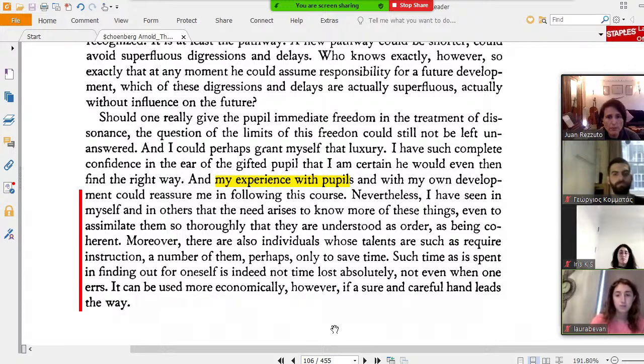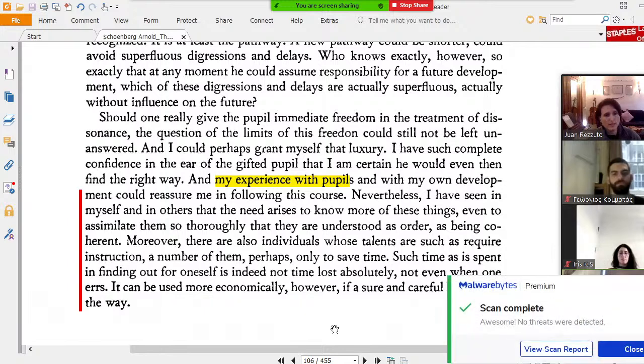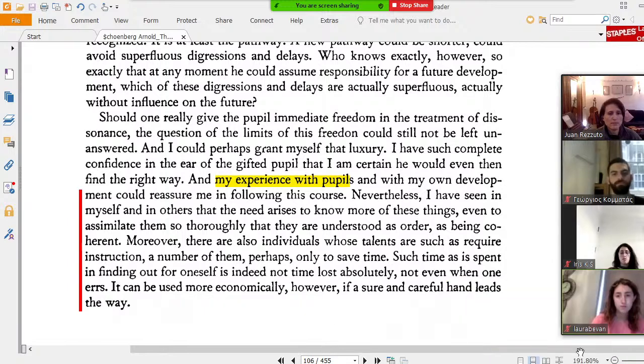A number of them, perhaps, only to save time. Because at the end of the day, he said, such time as is spent in finding out for oneself is indeed not time lost absolutely. Not even when one errs. Errs is makes mistakes. It can be used more economically, however, if a sure and careful hand leads the way.